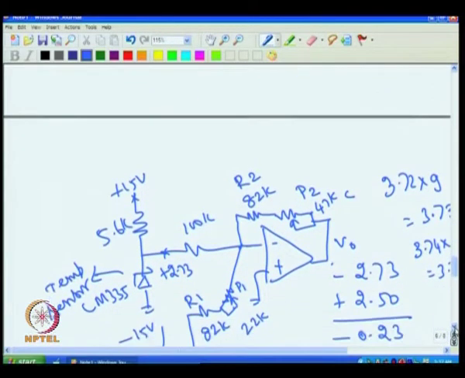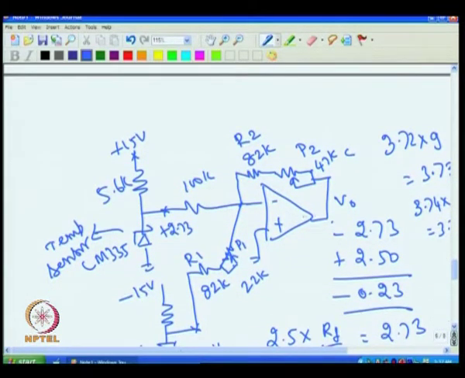Once it is calibrated, if you put it at 50 degree C, then you will get 0.5 volt. If you keep it at room temperature, then you will get 0.25 volt. This is how the operational amplifier is used here for temperature measurement. I have taken this example to illustrate how you can use the operational amplifier for summing application.